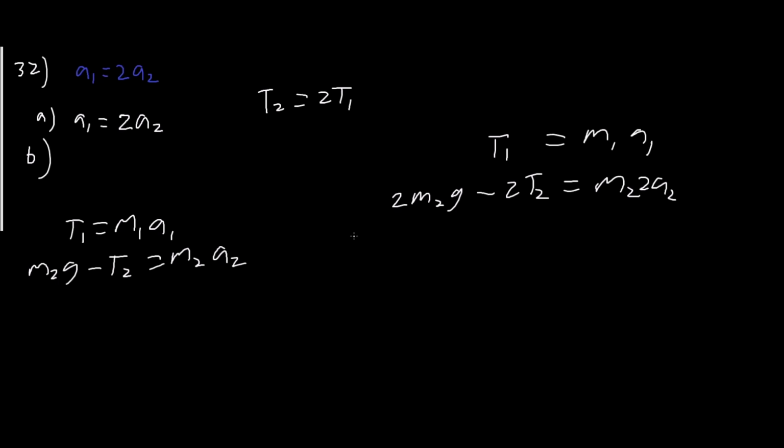So that means that 2m2g minus 2 times, and we're going to replace that with 2 times T1, I meant to say. There we go, beautiful. Equals M2 A1.